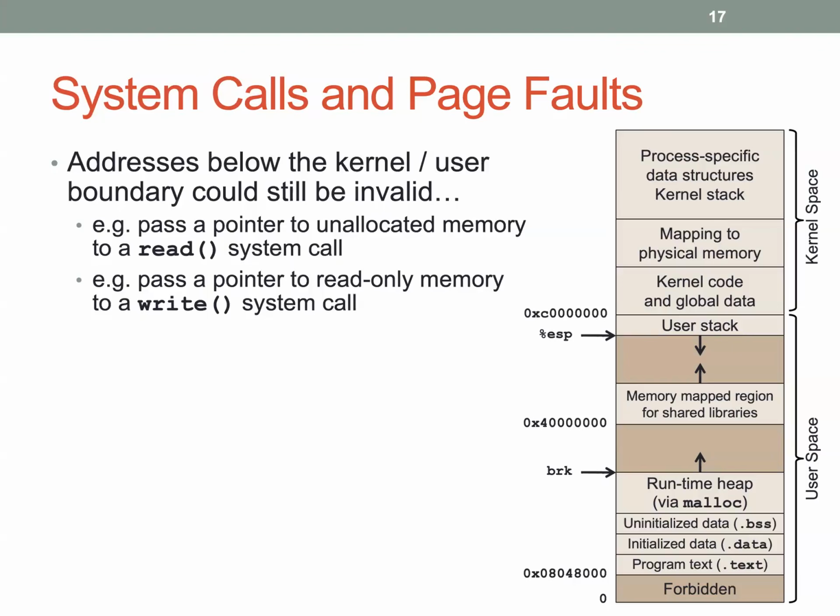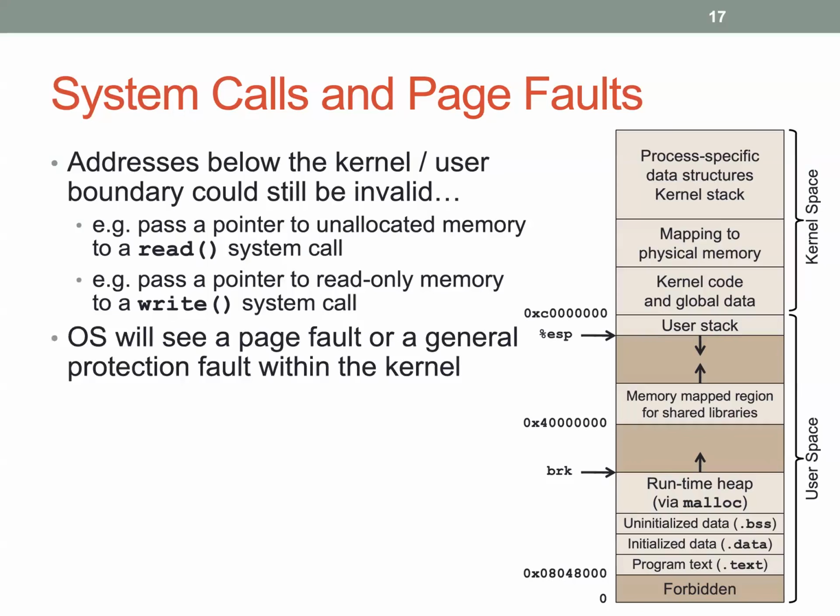The only reason I haven't recently is because I do a lot of programming in Python these days, and that's a little harder, but still not impossible to achieve. So you pass a pointer to unallocated memory to something like read, or you pass a pointer to read-only memory to write, which write is supposed to be writing into the buffer. So if you pass a pointer to read-only memory, you should see a fault. Again, you should see a protection fault.